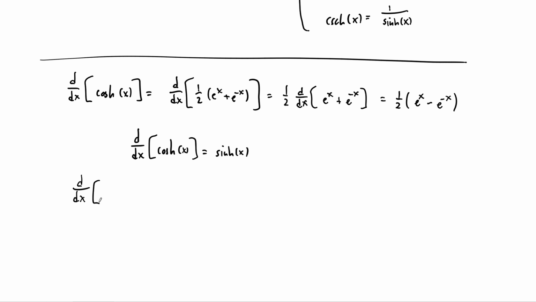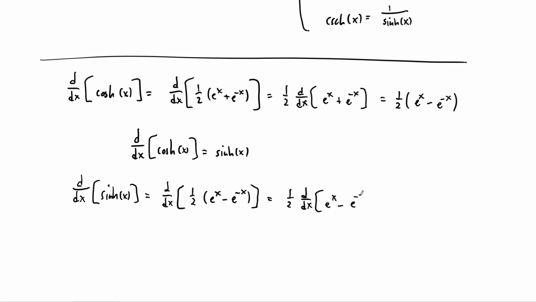All right, so here now we want to take the derivative of sinh of x. We're going to do it the same way. The derivative of sinh is going to be the derivative of that formula, 1/2 (e to the x minus e to the minus x). And same thing happens, right? We can take out the 1/2 and individually take the derivatives of these exponential functions.